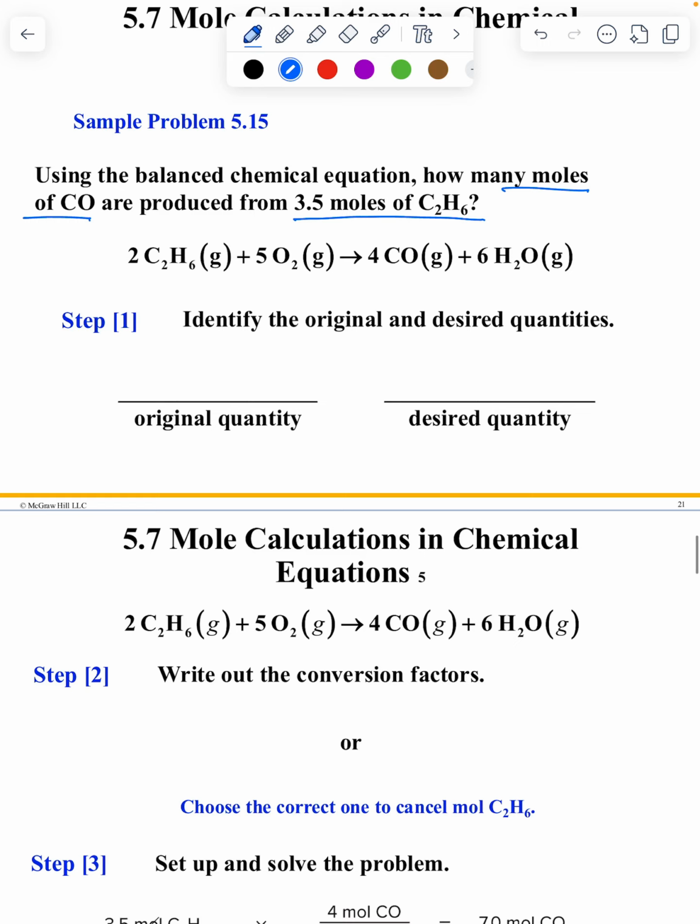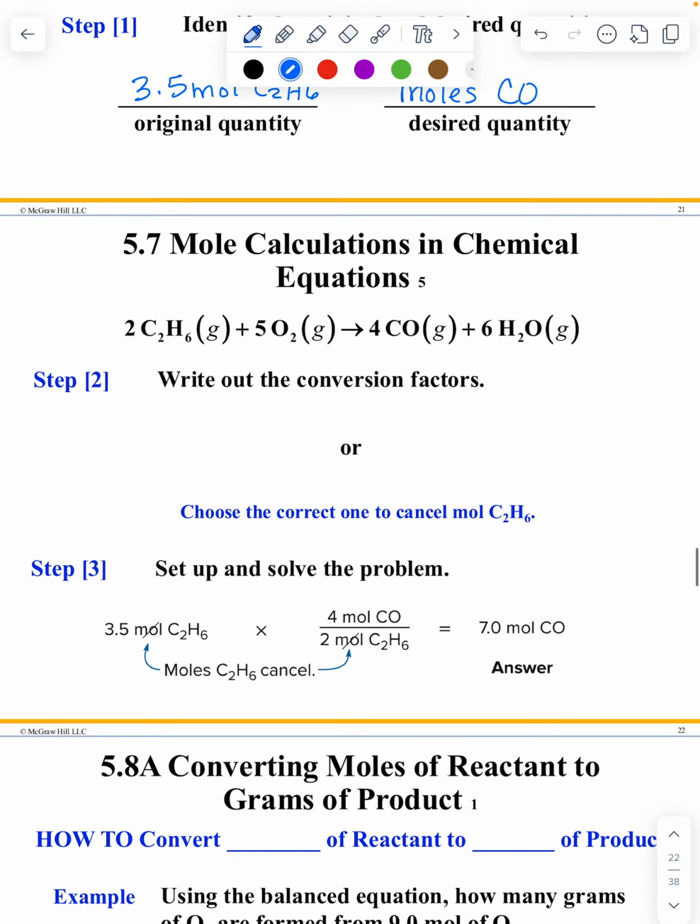And so when we look at the balanced equation, we can write out some conversion factors between C2H6 and carbon monoxide, since those are the two things that we are asked about.